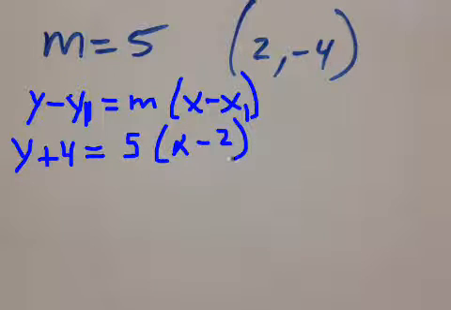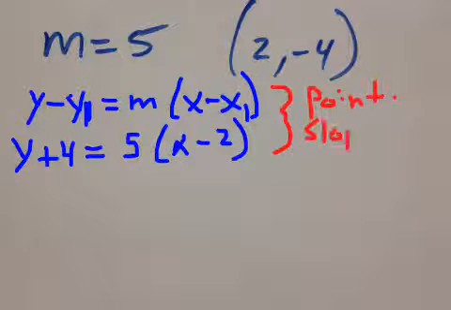Okay? And now this right here, this is the slope-intercept form. Sorry, not true. That is the point-slope form. Right? That's point-slope form.